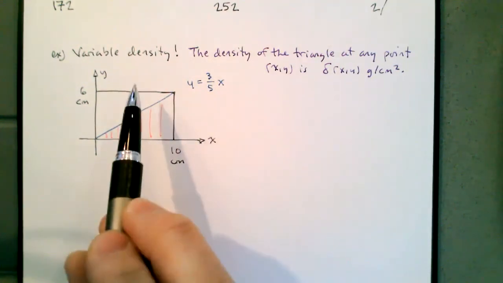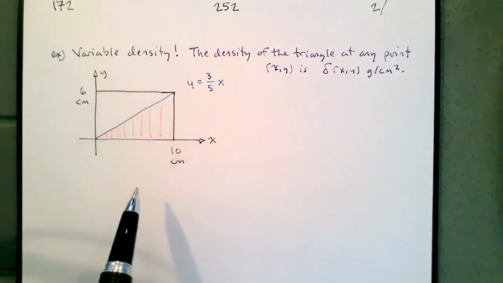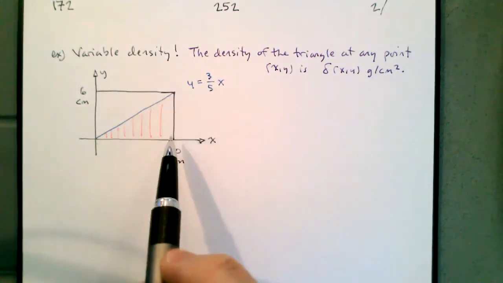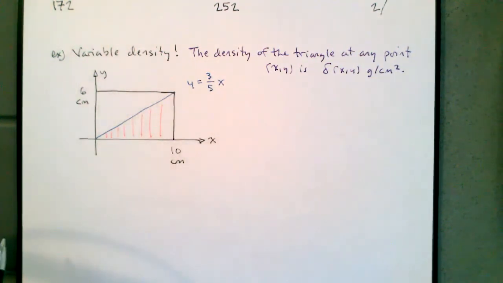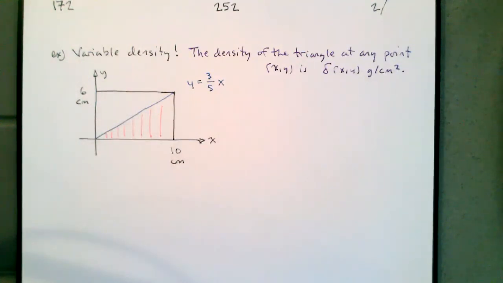It doesn't just vary in the y direction. It varies all over the xy plane. So now I've got to make sure that I'm getting the bottom triangle because the density will be different down here than it is in the top triangle.